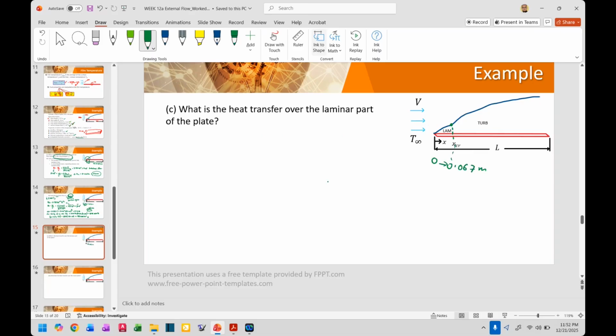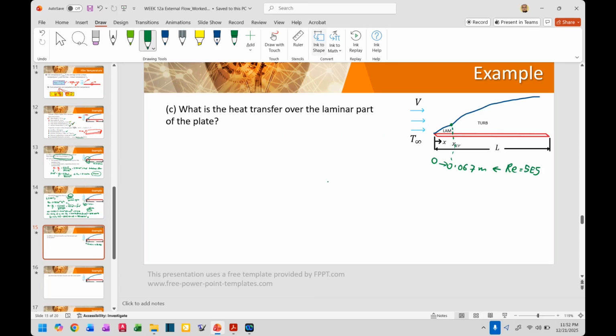And at 0.067, the Reynolds number, what we found earlier, corresponding to that distance was, what was it? 5E5, right? Of course, that's the transitional or the critical Reynolds number, okay? Up until the critical length.